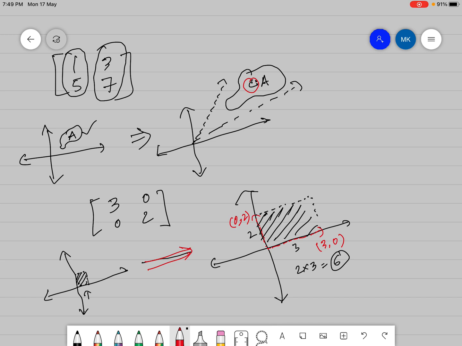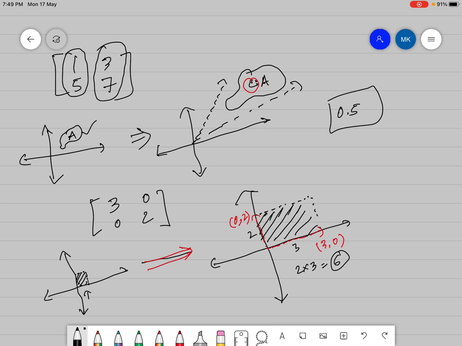What about the decimal points? Let's say if I give you a matrix with a determinant of 0.5, what does that mean? It means that the area is squeezed, right?